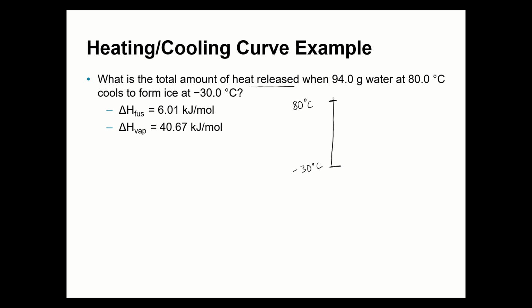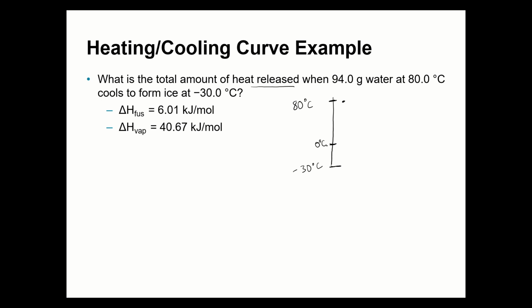Okay, so at 80 degrees Celsius, we know that water boils at 100, and so therefore it is currently in its liquid phase. Okay, so we're going to start out at 80 degrees Celsius, and then we have to drop down until we reach the freezing point of water.